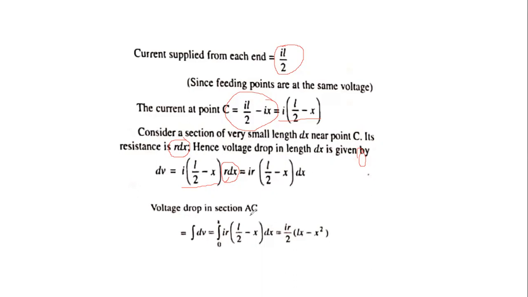Next, the voltage drop in section AC. Integrating this from 0 to L by 2, the integral of IR (L by 2 minus x) dx. Taking the constant out, that is IR, then (L by 2 minus x) integrated.